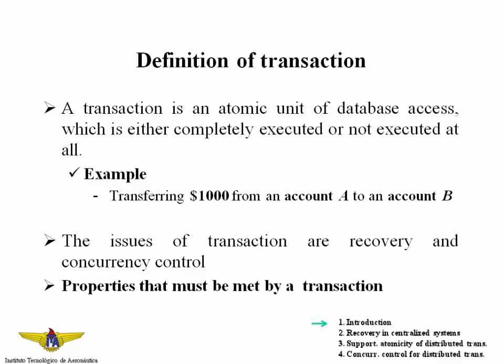You have to arrange the execution of the sub-transactions and operations so that the execution is correct, so you have to deal with concurrency control. Let's start showing some properties that are very relevant and important that every transaction must meet.